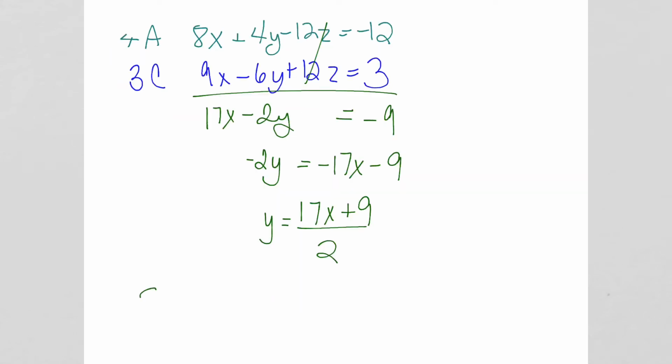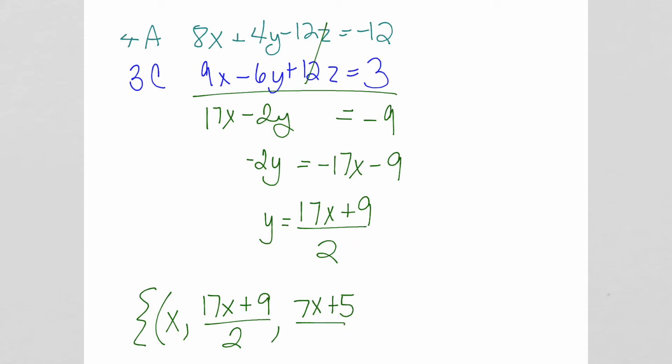We have a solution where we have x, and y is dependent on x. So y is 17x plus 9 divided by 2. Z is also dependent on x. It was 7x plus 5 divided by 2.